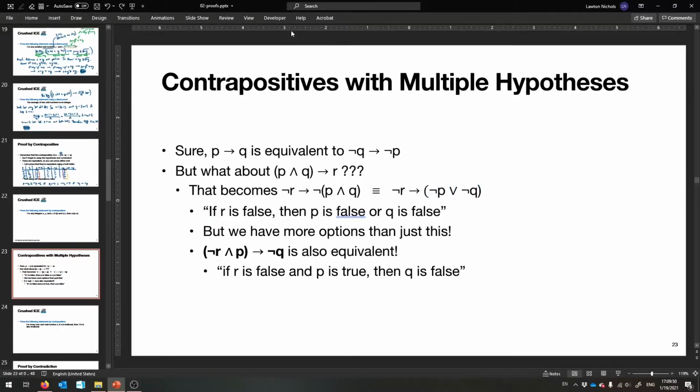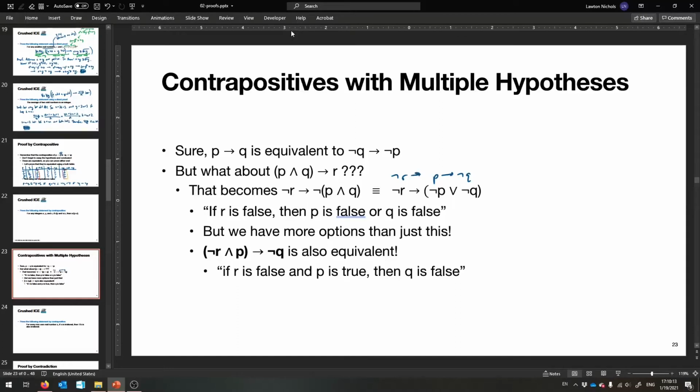But you do have more options than this, okay? You can bring this one back in if you would like, because not P or not Q is equivalent to P implies not Q. And you have your not R at the front here.